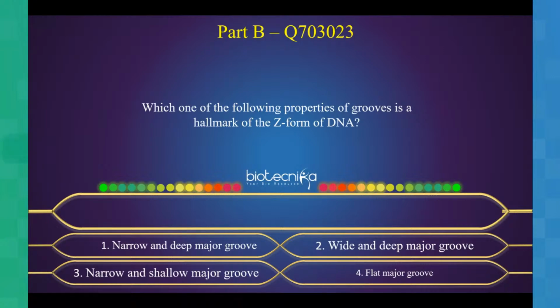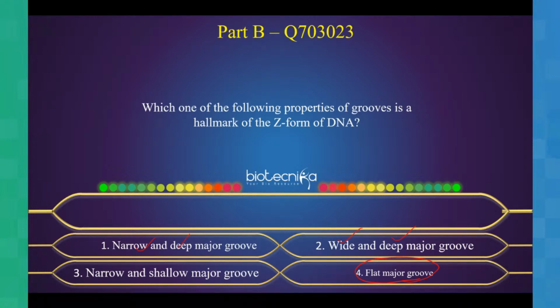Here we have the A DNA and B DNA. They have major and minor grooves. They differ in their depth and also the structural surface. But if you know about Z DNA, Z DNA doesn't have any major groove.